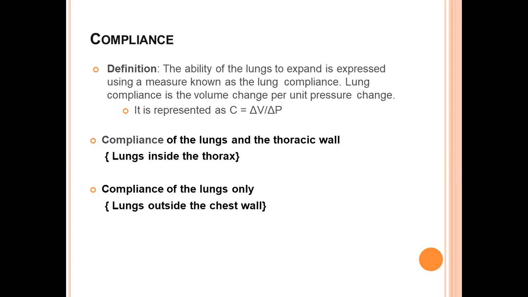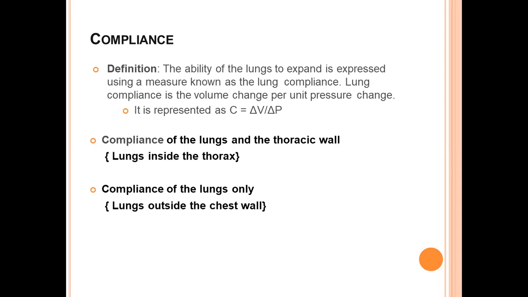Now this compliance will be of two types. The first is the lungs and the thoracic wall combined, whenever the lungs are present inside the thorax. That is the normal physiological structure of the respiratory system, so you always have the combined compliance, with the lungs having the ability to expand and the thoracic wall also having the ability to expand.